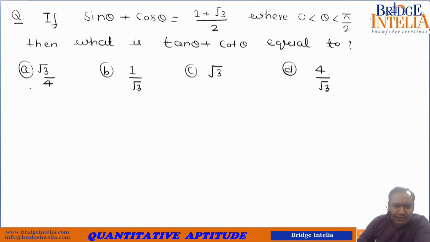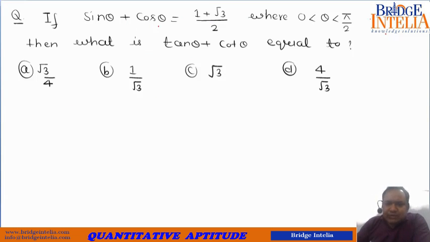Let's take another example. If sin theta plus cos theta is equal to 1 plus root 3 upon 2, based on this information we have to find the value of tan theta plus cot theta. Some students confuse this and make it complicated, whereas these kinds of questions are actually a giveaway, a gift.